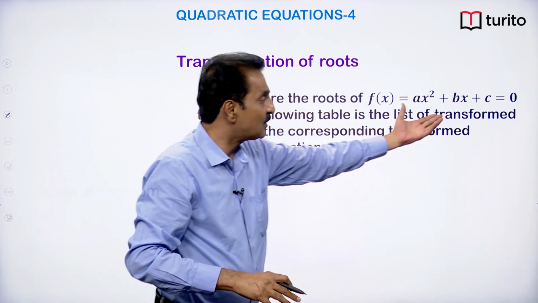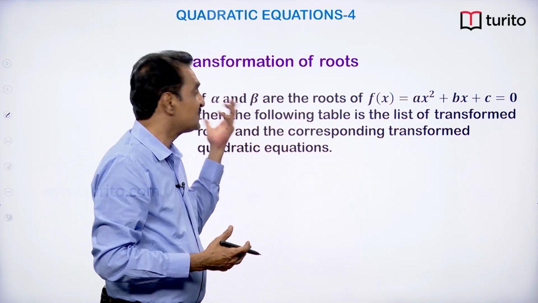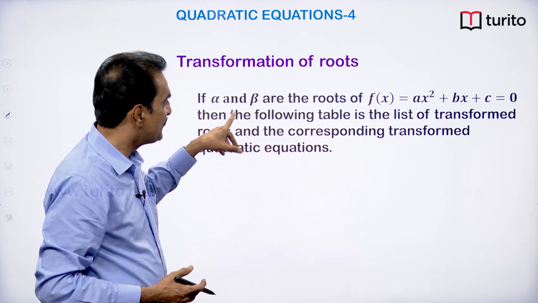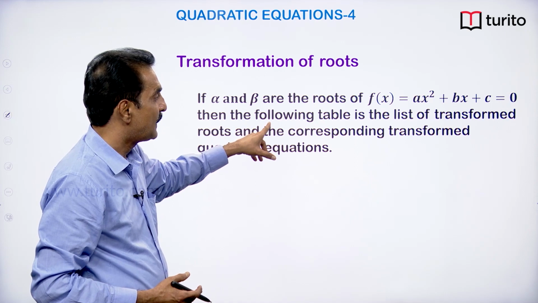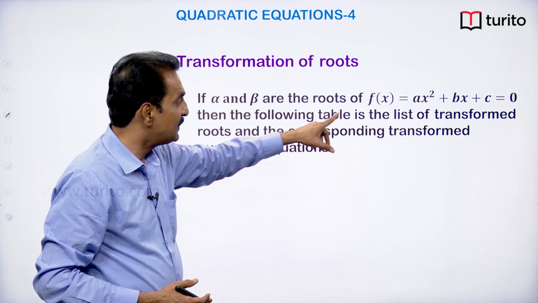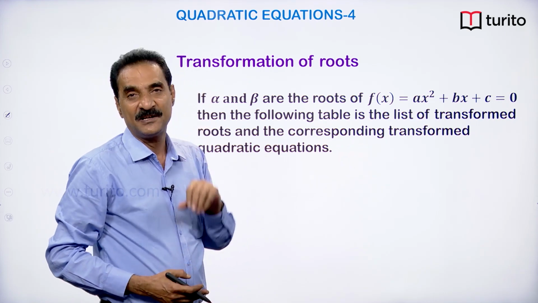Then automatically the quadratic equation will change, and the new quadratic equation with the transformed roots is called the transformed quadratic equation. Now, I am going to give you a table in which we will have a list of transformed roots and the corresponding transformed quadratic equations.